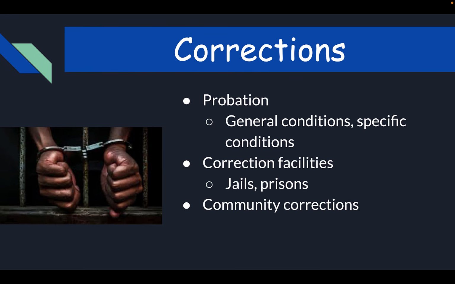Why is that important? We'll talk about it a whole bunch later, but the nutshell idea is that when you still feel connected to the community, there's more likelihood of you reforming, right? The more we cut the individual off from their community and society, the less motivation there is to reform. So we'll talk about that later.